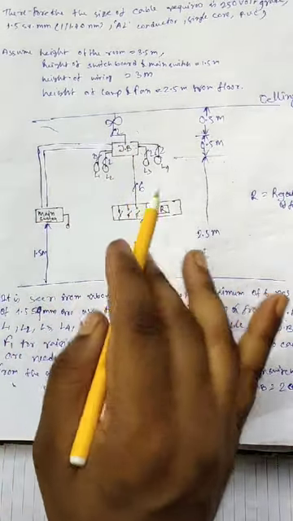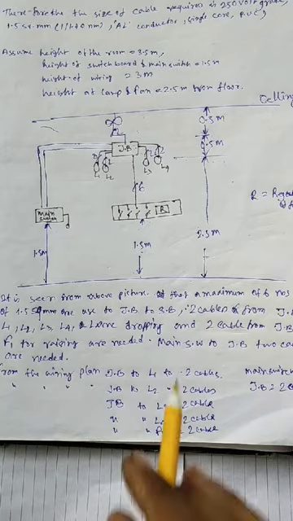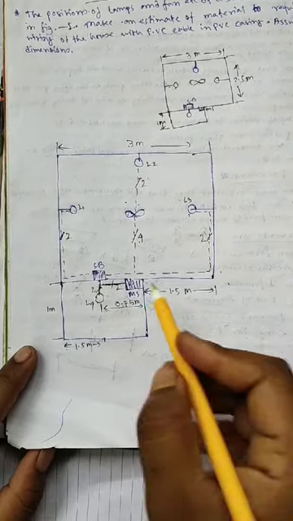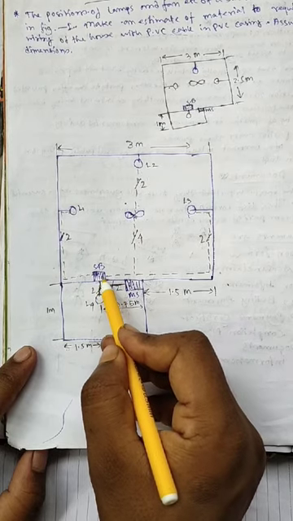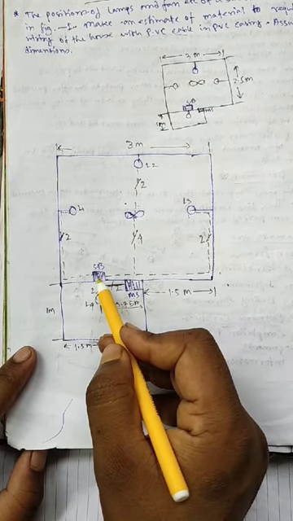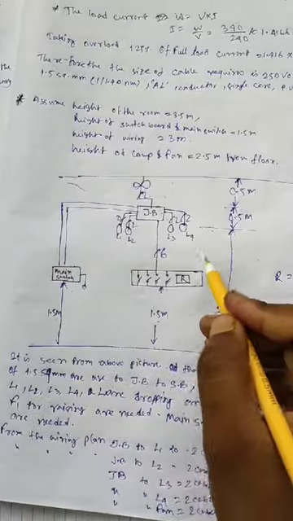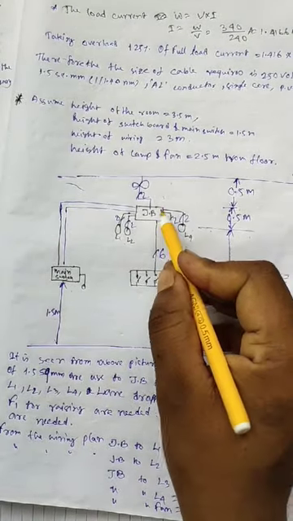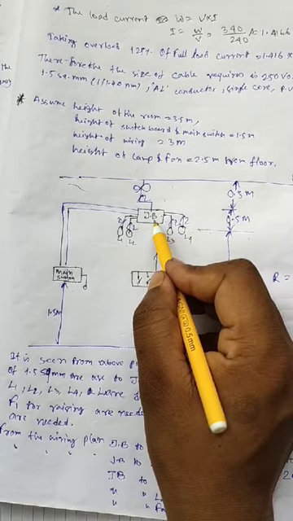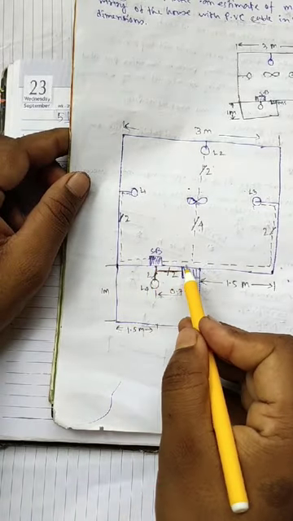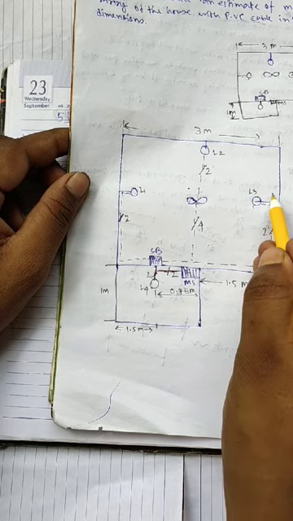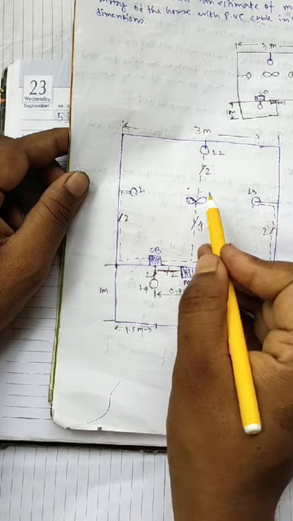So we can easily calculate the length of wire. How to calculate the length of wire? Suppose one example: this is the switchboard and main switch, 1.5 meter, then to the junction box 2.5 meter, then it runs horizontally along one wall, then horizontally along this one, then a vertical run, and then a horizontal run to the lamp.